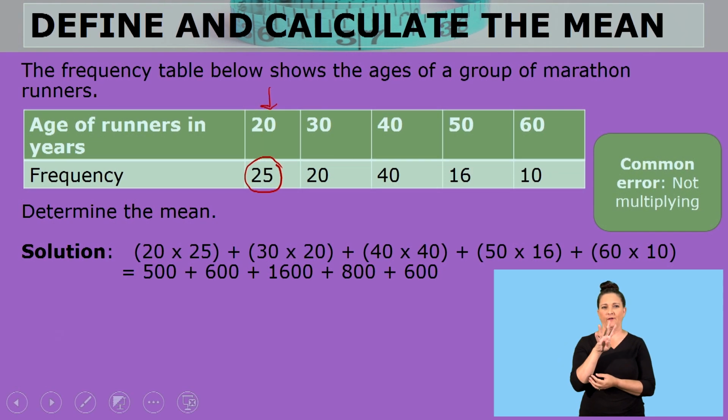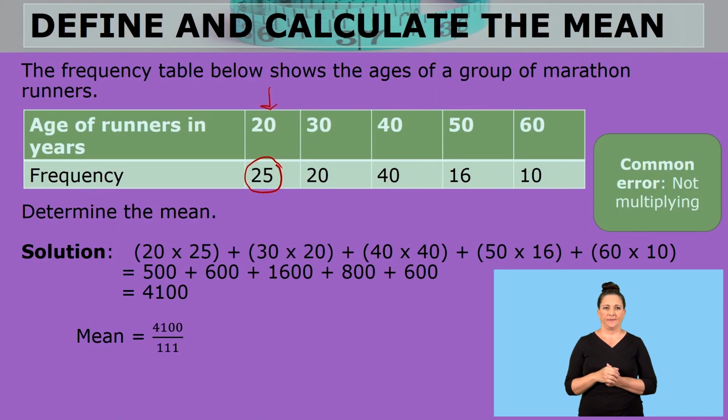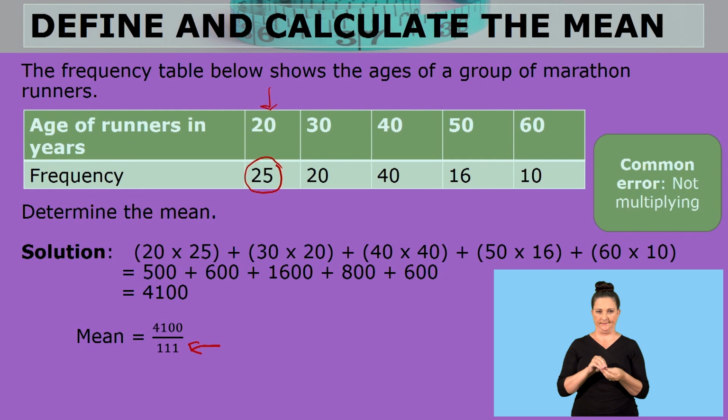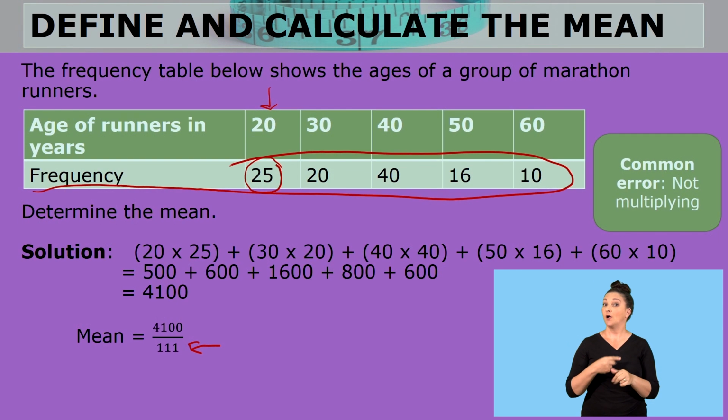So the mean is that 4,100 divided by the 111. But where do I get the 111 from? I get that by adding up the frequency part, all of these numbers. That should give me the 111. My final answer here, 36,94.